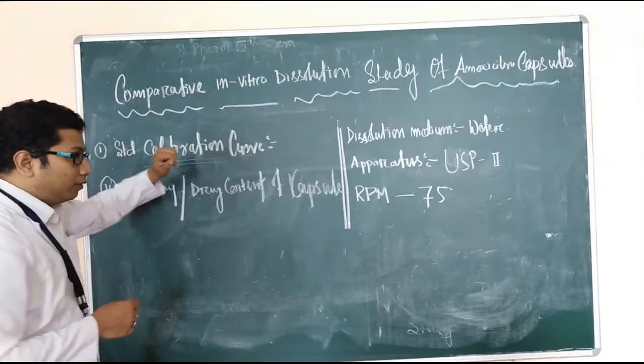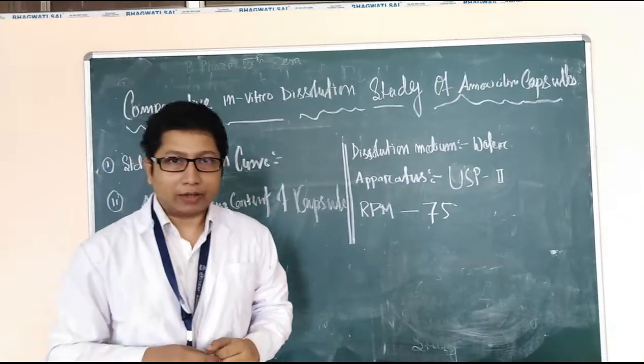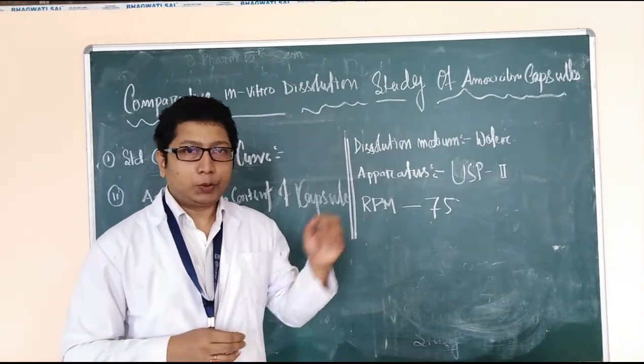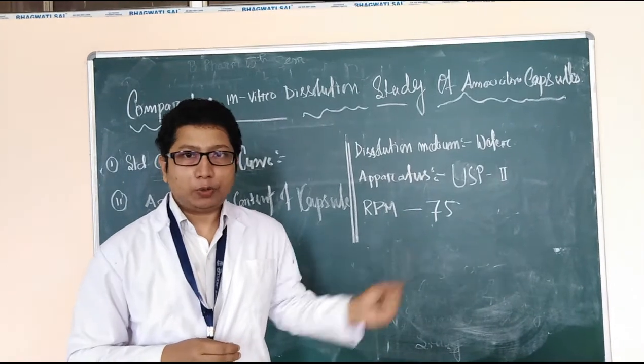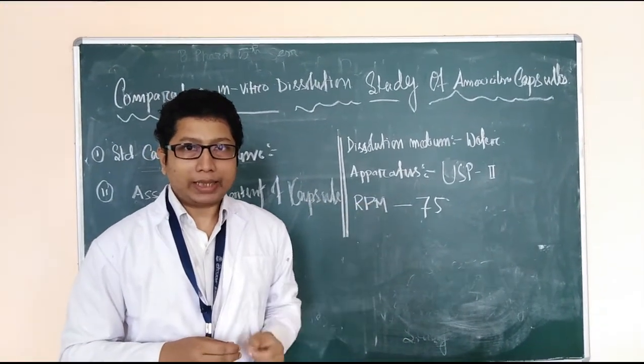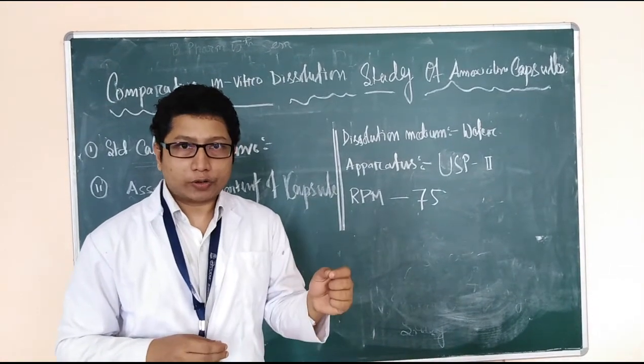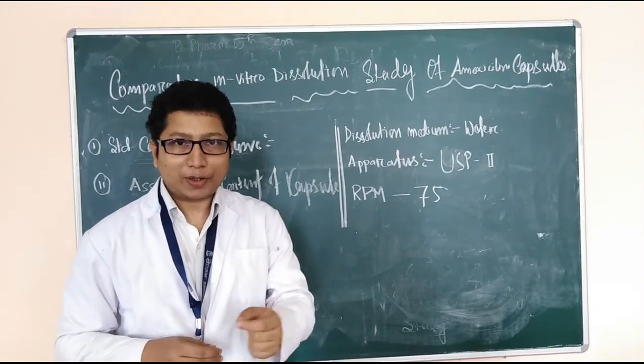First, we need to prepare the standard calibration curve of amoxicillin pure drug. To do so, we will use distilled water as dissolution medium, and we will prepare a stock solution, followed by a standard solution.